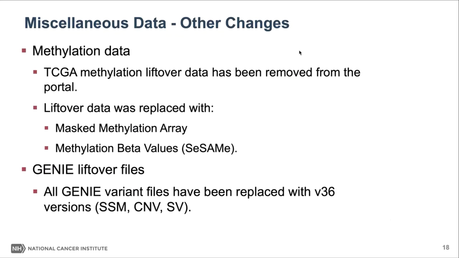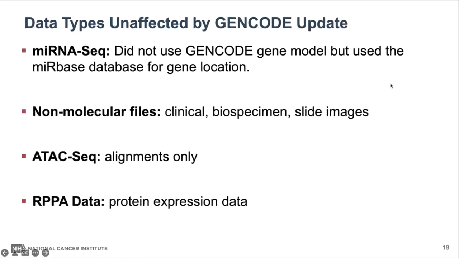The Genie liftover files have all been replaced with v36 versions. These are all variant files and should all be different now. In addition to all the v36 changes, there were a lot of things that didn't change when v36 happened.